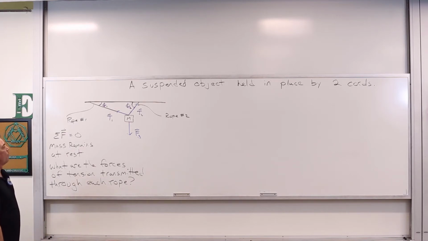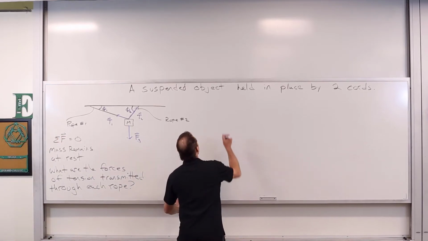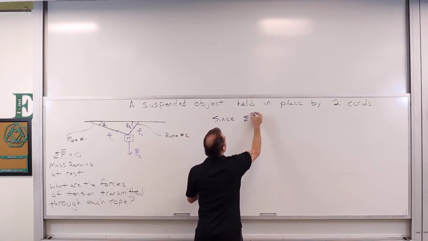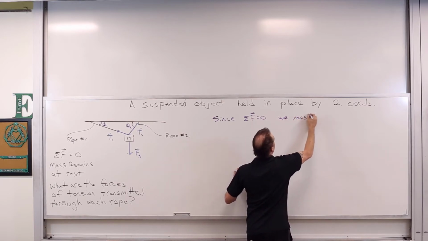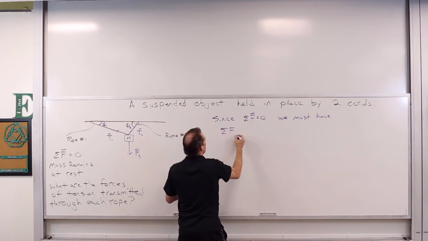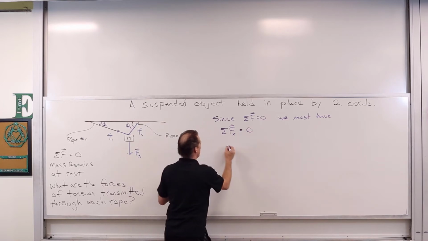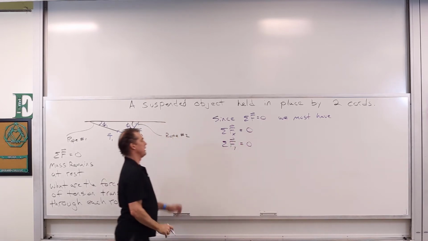All right, so what do we do with all of this? Well, what do we have to have? Since the net force must be equal to 0, we must have net force, all its x components must be equal to 0, and the net force in the y direction must be equal to 0.